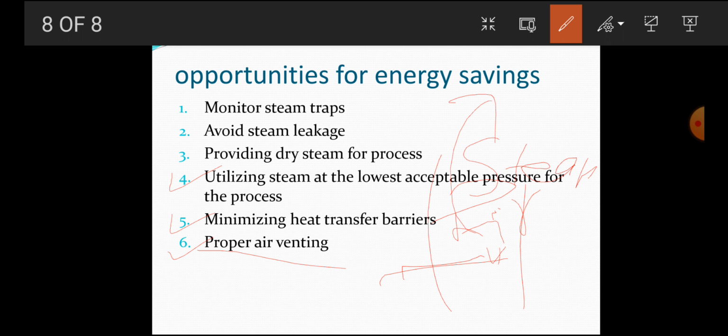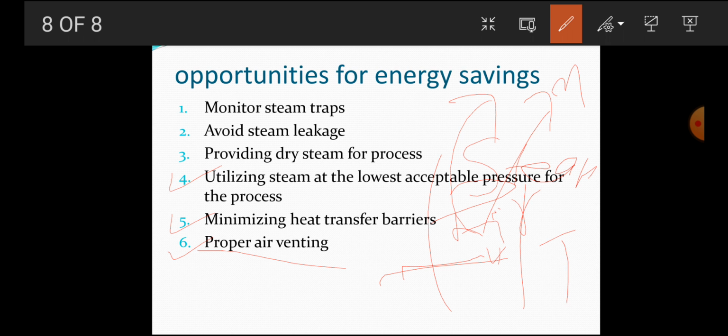The consequences of not removing the air are a lengthy warming up period and reduction in plant efficiency and process performance. Air in a steam system will also affect the system temperature.